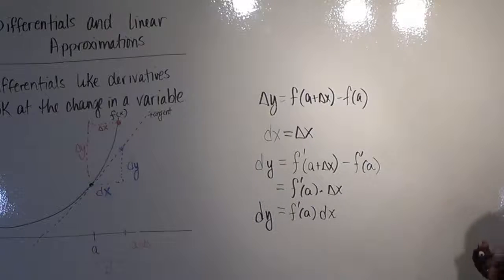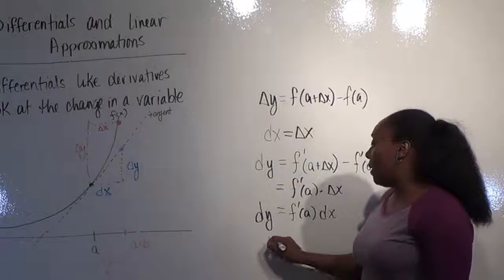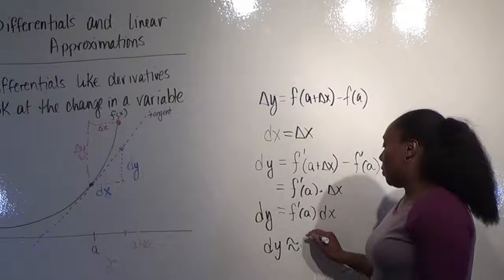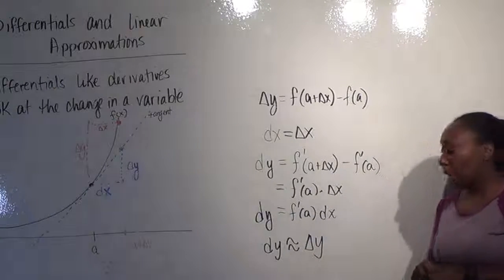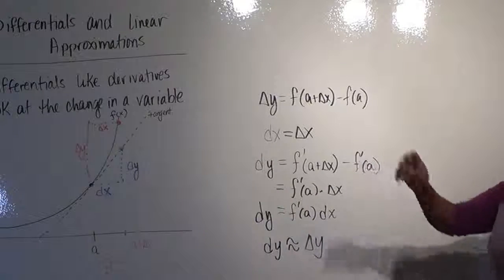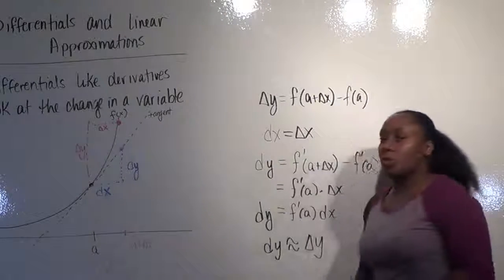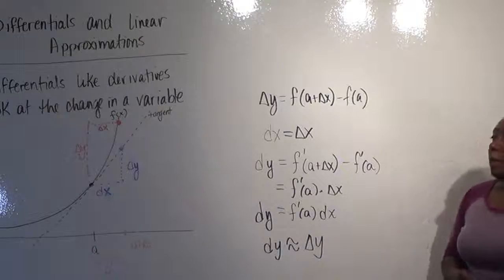And the other nice result we get, if we look at this on the smaller scale, is that our dy is going to be approximately equal to our delta y. In some nice cases, those will come out to be the same. So for example, if I'm looking at a linear function, then the tangent line and the linear function are going to be exactly the same at the point, and so these would be equivalent.